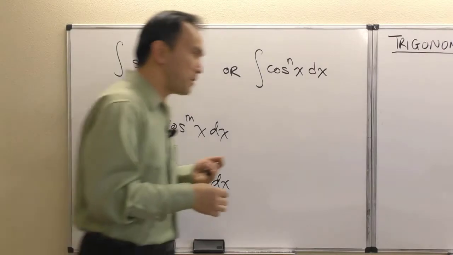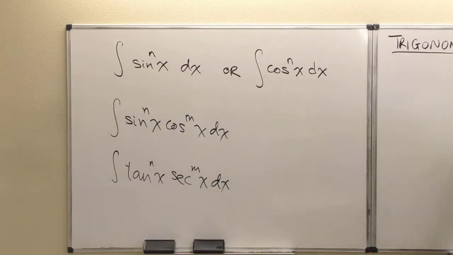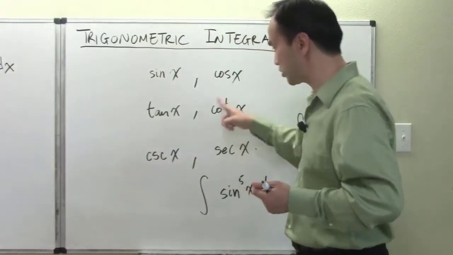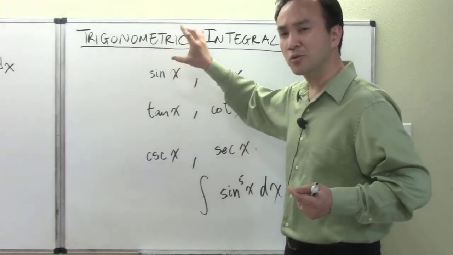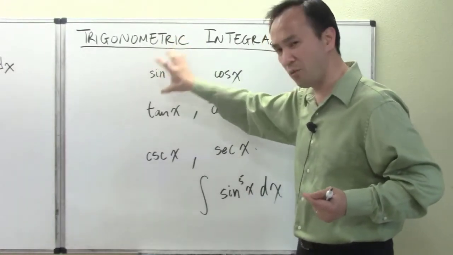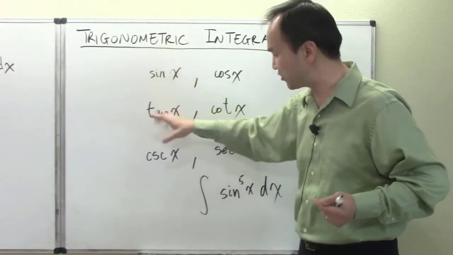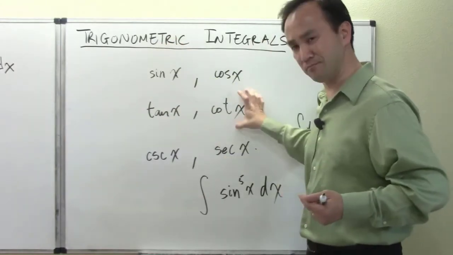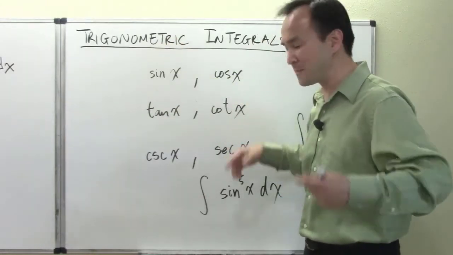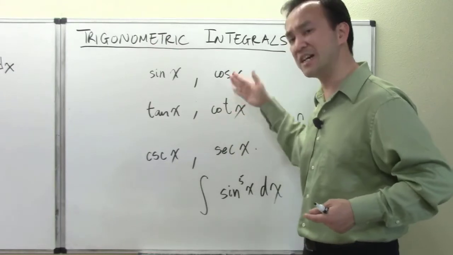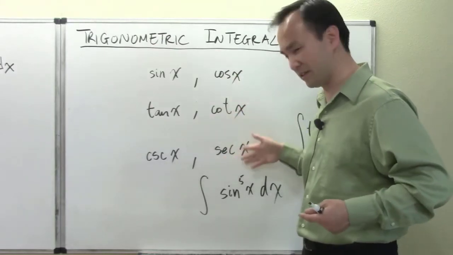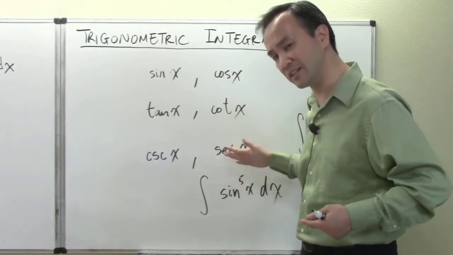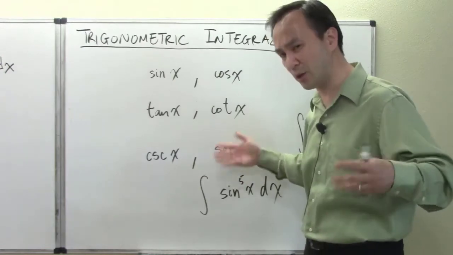Basically, back at this quick list of the six basic trig functions, we can grab any one of these six trig functions, raise it to a power, and put it in a product with another trig function from this list, with a different power or equal power.